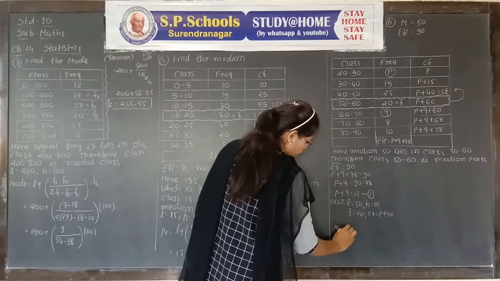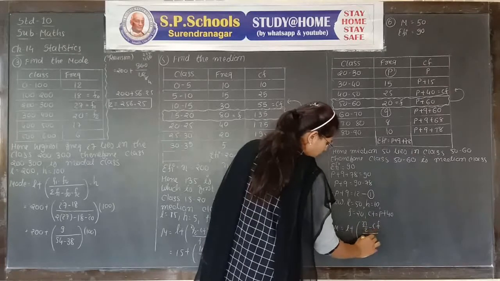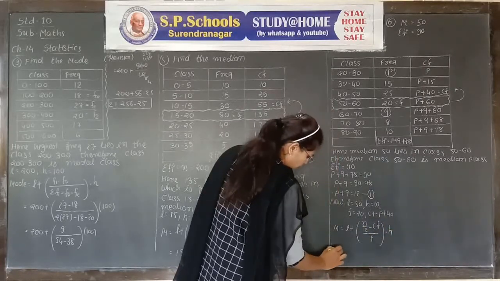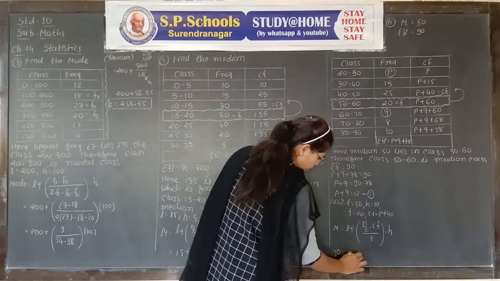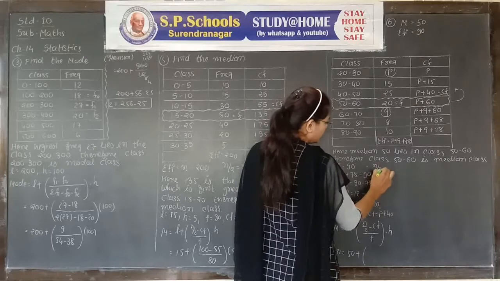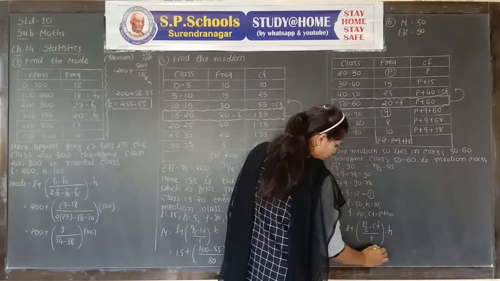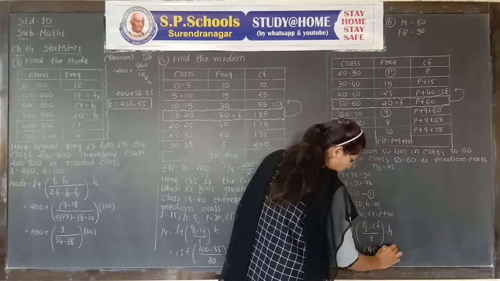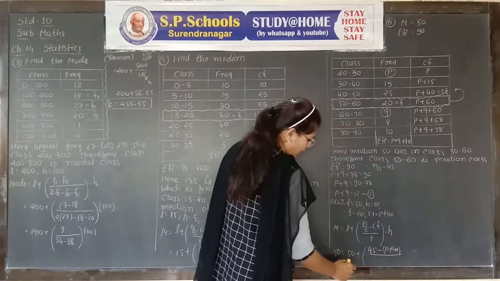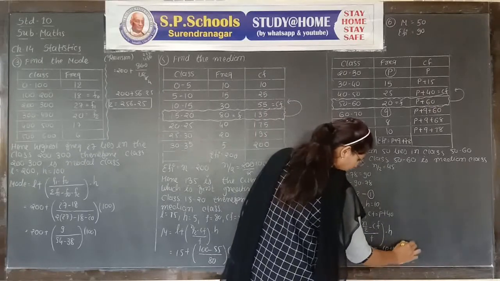M is equal to L plus, using the formula, (n by 2 minus CF) upon F into H, where the median is given, 50 is equal to 50 plus n upon 2. Here the sigma fi is 90 and n upon 2 is equal to 45. 45 minus CF, P plus 40, but put it into brackets, upon F, where F is equal to 20, and the class size is 10.